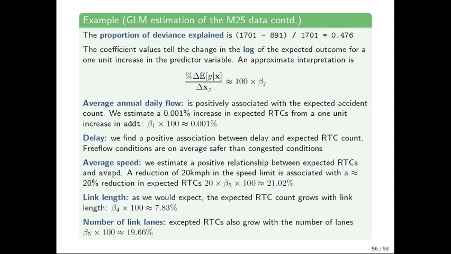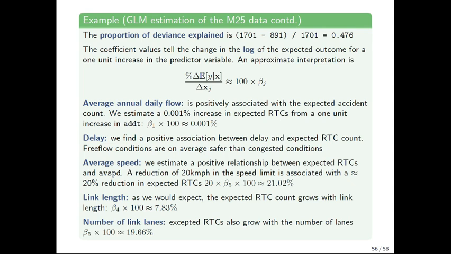First, overall fit. The proportion of deviance explained by our model is the null deviance minus the residual deviance, over the null deviance. So 1701 minus 891 over 1701, which in this case is 0.476. So the covariates in the model are explaining a little under half of the deviance.